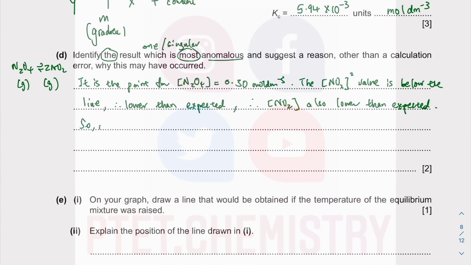So must have taken the NO2 concentration, in a square bracket is concentration, reading at a lower N2O4 concentration.